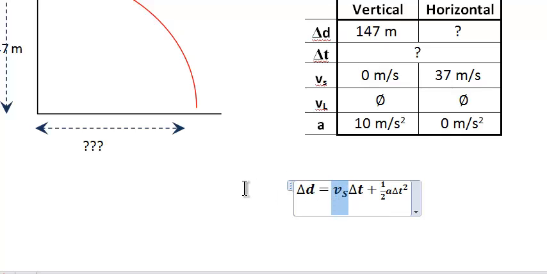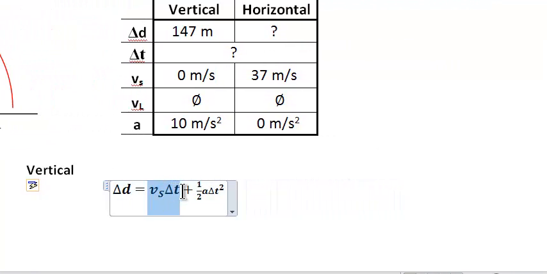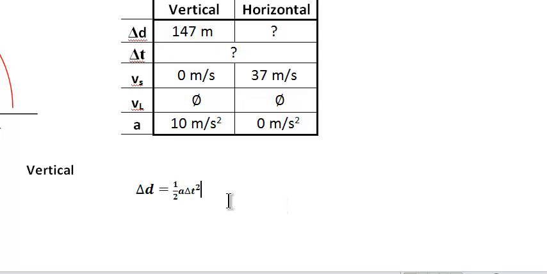So let me write that here just to play it safe, so no one forgets. The good news is that this term is 0. It's 0 because vertically starting velocity is 0. See there? So this term goes away, which reduces Violet to this, which is much easier to solve for time.